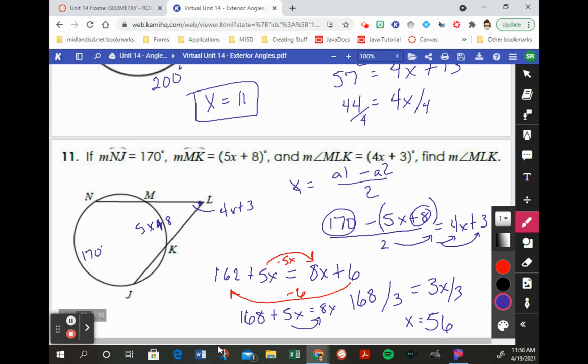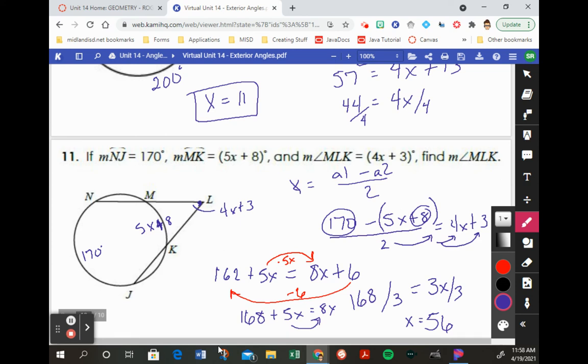They got 12. Okay, so how did they get 12?